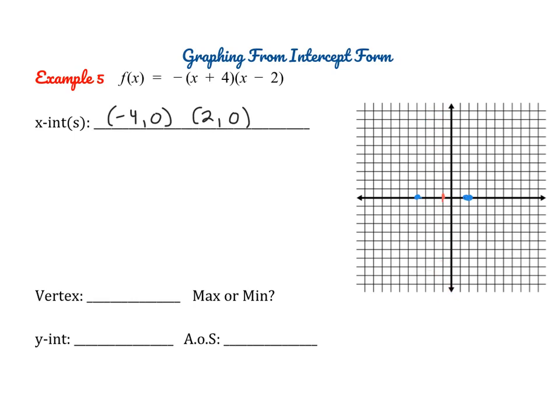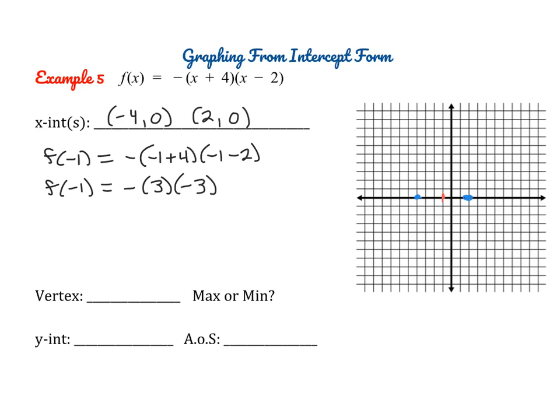If we know that the vertex occurs when x is negative 1, all we need to do is plug that into our function. So we need to find f of negative 1. So we have negative, and then negative 1 plus 4, and negative 1 minus 2. So this gives us negative times 3 times negative 3.